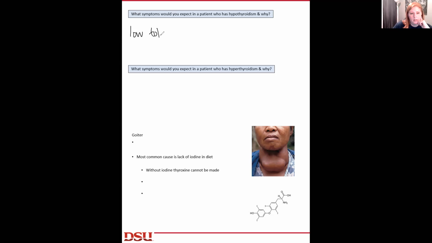Low tolerance to colder temps, because the body would already be a little colder than normal anyway. Not everybody has every single one of these symptoms, but they're pretty common. Fatigue, weight gain or just an inability to lose weight.